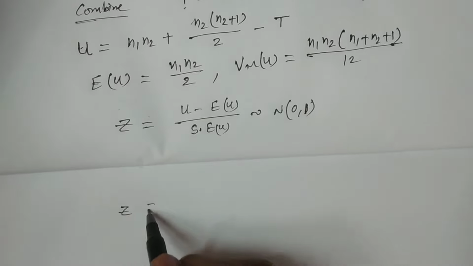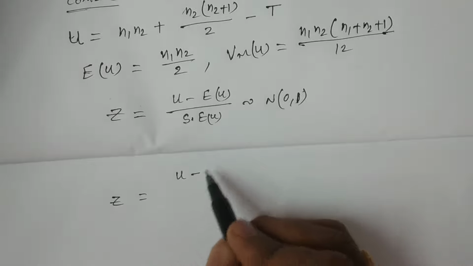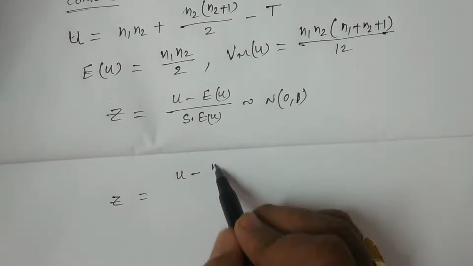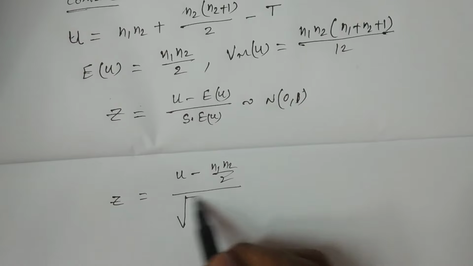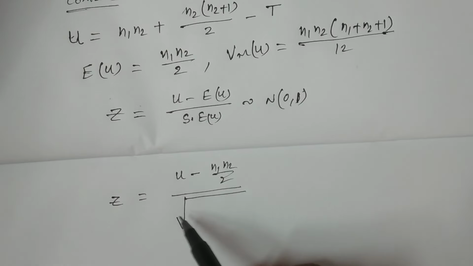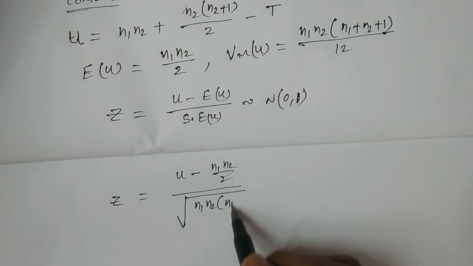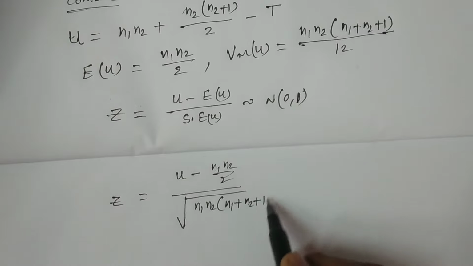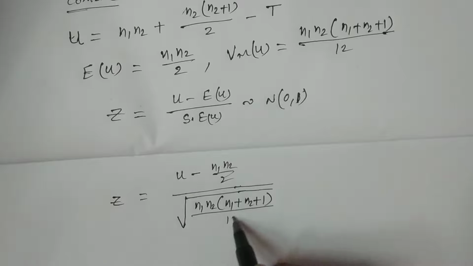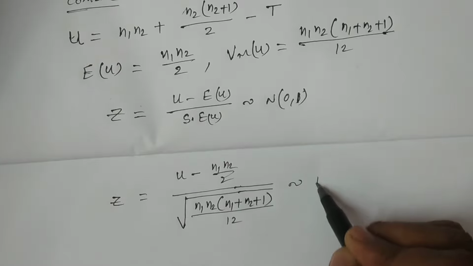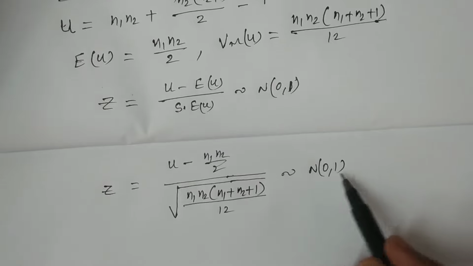Therefore Z is U minus n1 n2 divided by 2, divided by the square root of n1 n2 into (n1 plus n2 plus 1) divided by 12. It follows the standard normal distribution with mean 0 and variance 1.